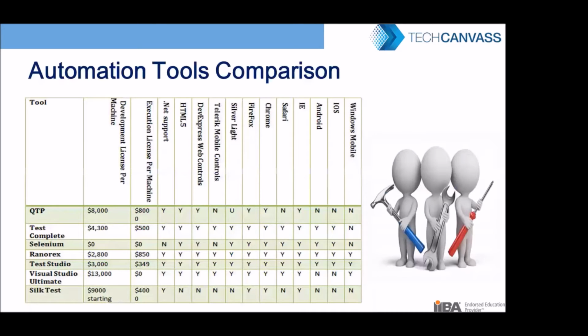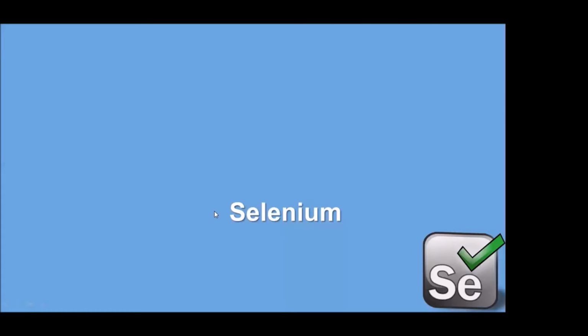See, this is the slide which gives an idea on automation tools comparison in terms of their support for different technologies, different browsers, different operating systems, and last but not least, cost. So we can see the first is QTP, which is very expensive and not up to that level. It does not support Telerik mobile controls.